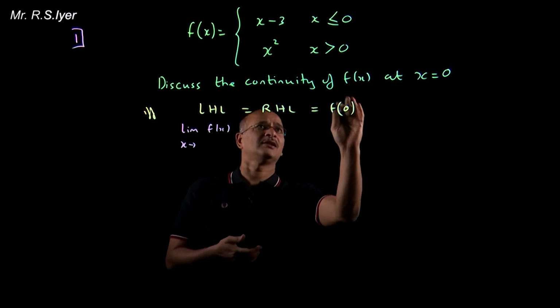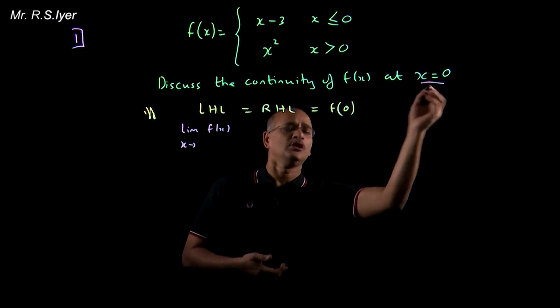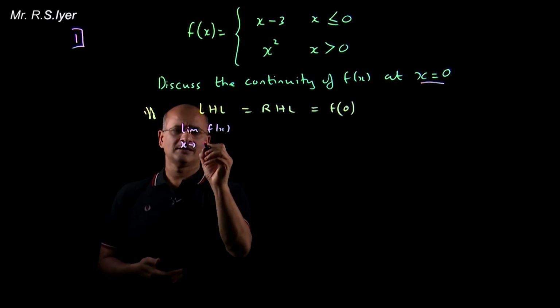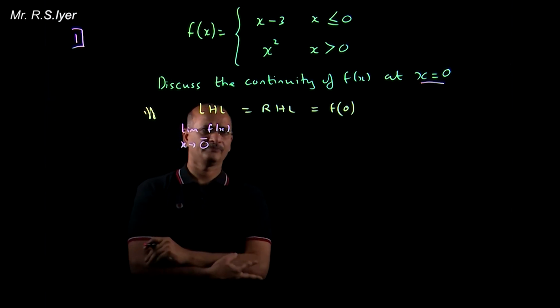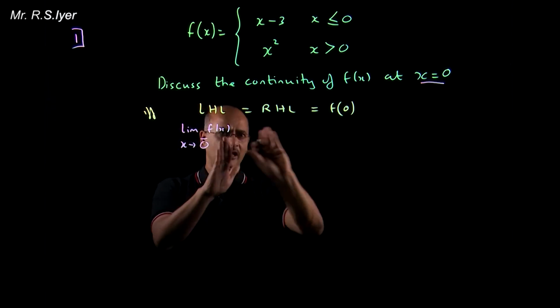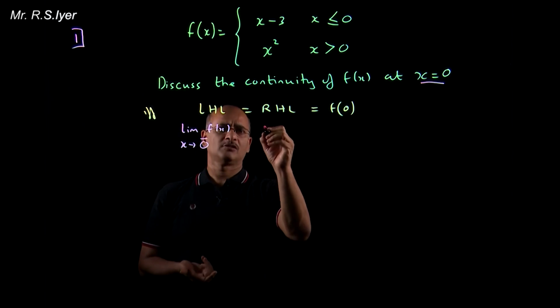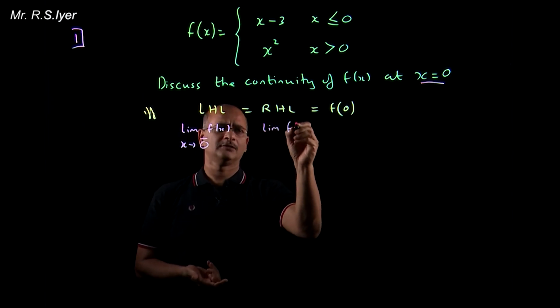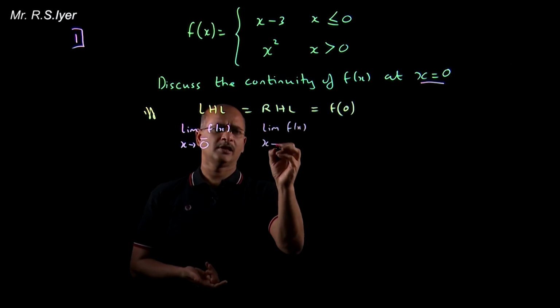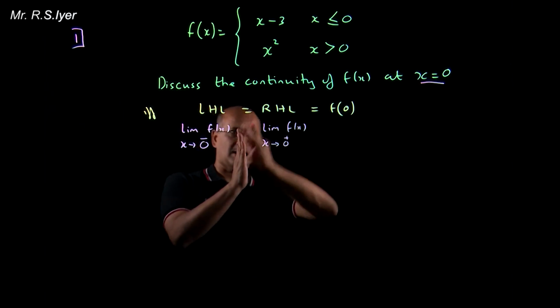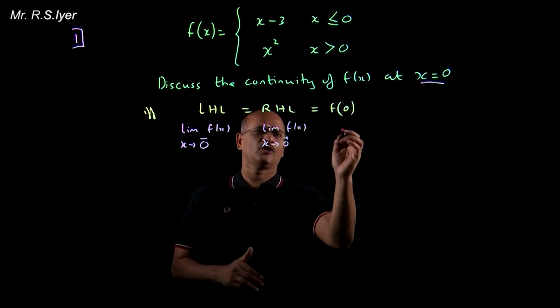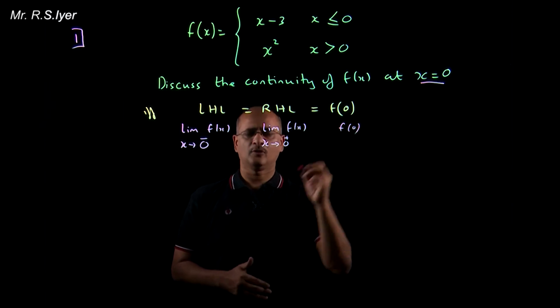that is at 0 they are asking us to find. So left of 0, you can say x tends to 0 minus. I am not saying it is equal, I am just trying to write. Limit of f(x) as x tends to 0 plus, right of 0, and of course f of 0.